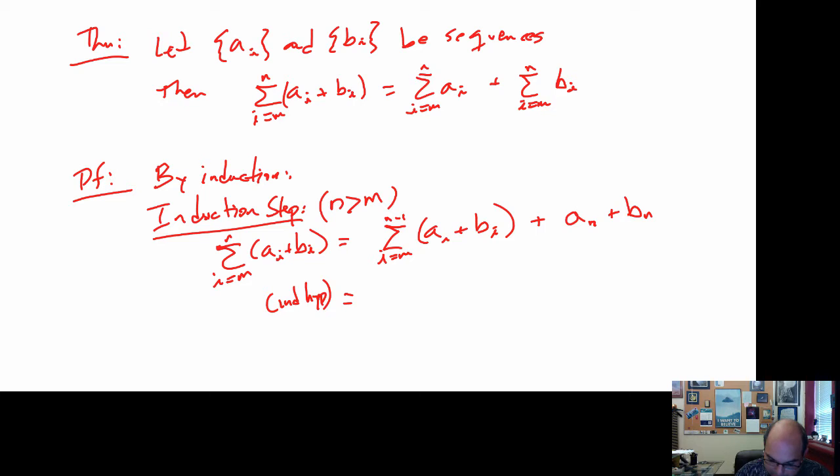This is equal to the sum from I equals m to n minus 1 of A sub I plus the sum from I equals m to n minus 1 of B sub I plus A sub n plus B sub n.